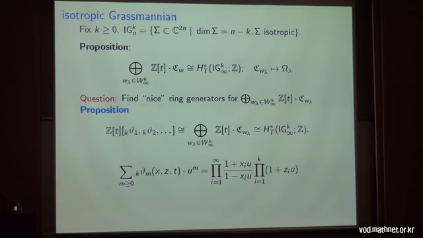And then what's the generator? You want to have a certain polynomial expression of this ring as a polynomial ring. And then there is another proposition. Basically this cohomology ring is isomorphic to a ring generated by certain generators, the theta polynomials.